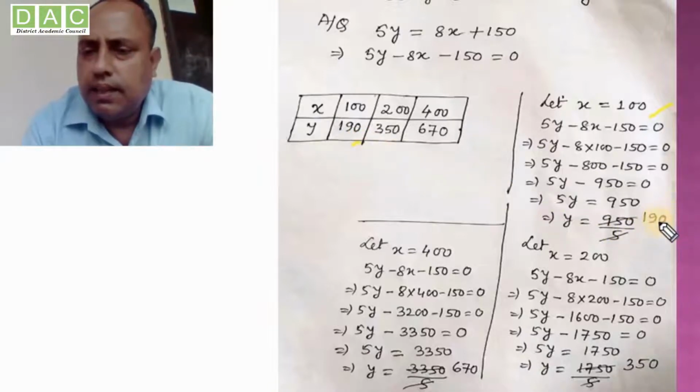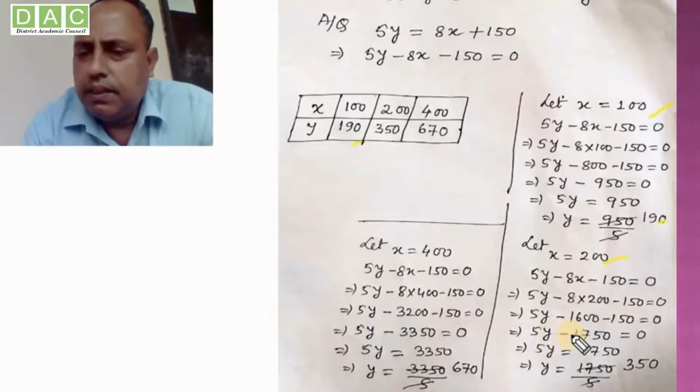Similarly, let x equal 200. Then 5y minus 8 into 200 minus 150 equals 0. 5y minus 1600 minus 150 equals 0.